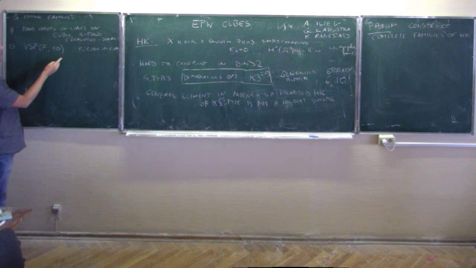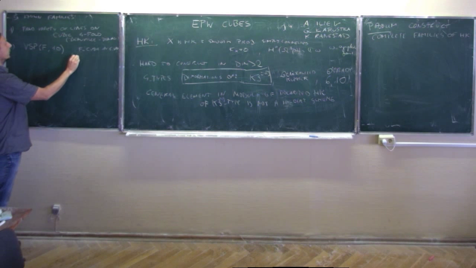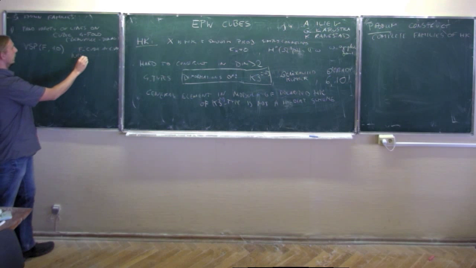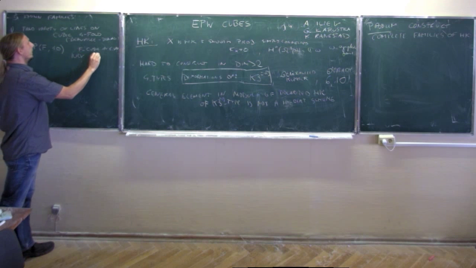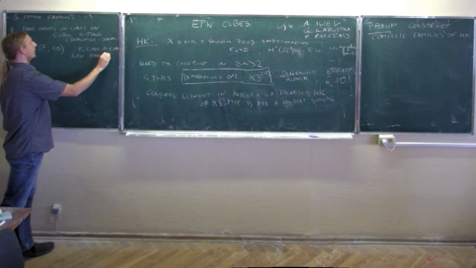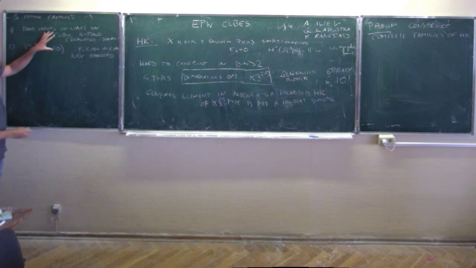This is the variety of sums of powers, and it gives also a hyperkähler. This is due to Iliev and Ranestad. These are parameterized by cubics, and cubics up to equivalence give a 20-dimensional family. So these are 20-dimensional families of hyperkähler manifolds.